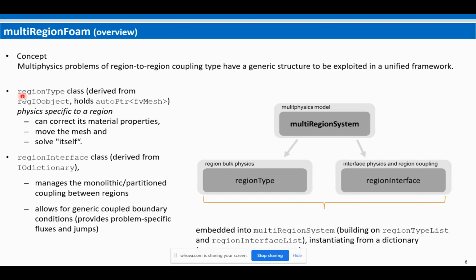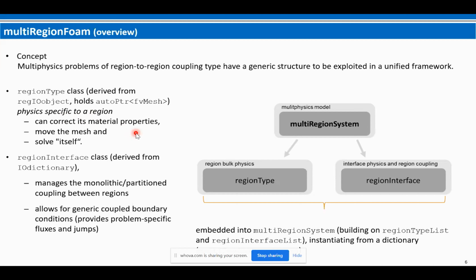The first class is region type. This class is derived from a registered IO object, and it holds a pointer to the mesh. Each region type holds the physics specific to the region. It can correct its material properties, move the mesh, and solve itself also.